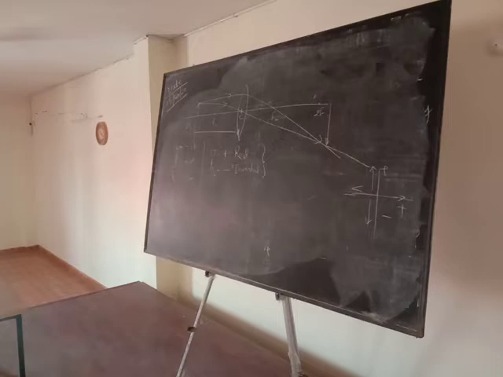The condition in this, the virtual image is formed by the basis. The only condition is where you will place the object so that you find that image is virtual.